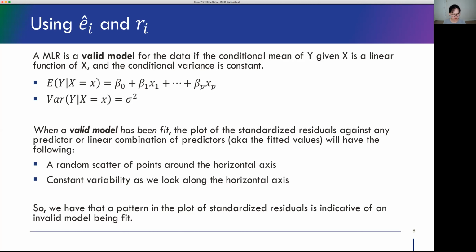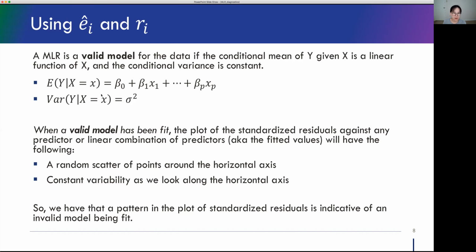Okay, and let's look at how we use the residuals and standardized residuals to diagnose whether your model is valid, or to see if we can get some insight into how the model is wrong.